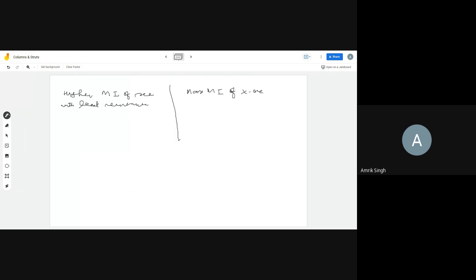then what are the end conditions which we are using? Okay, so end condition, we are having the end condition or end supports.